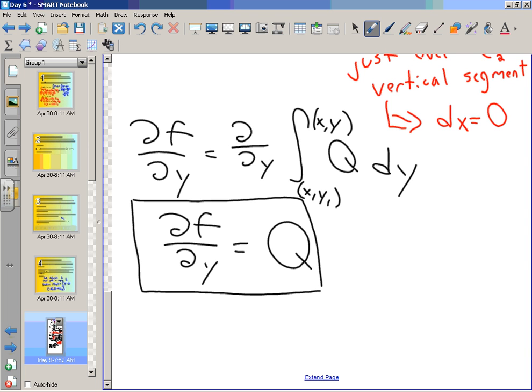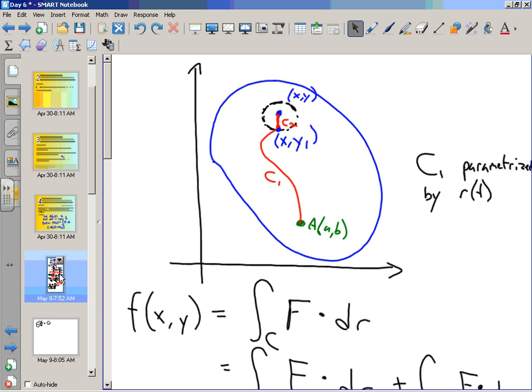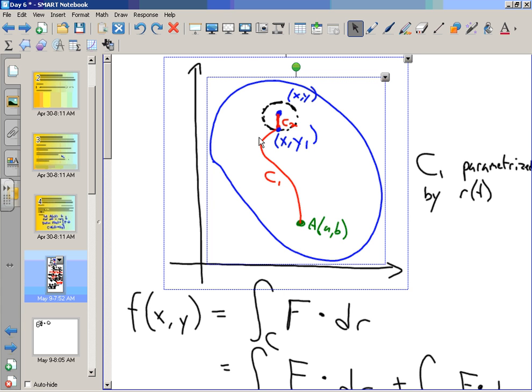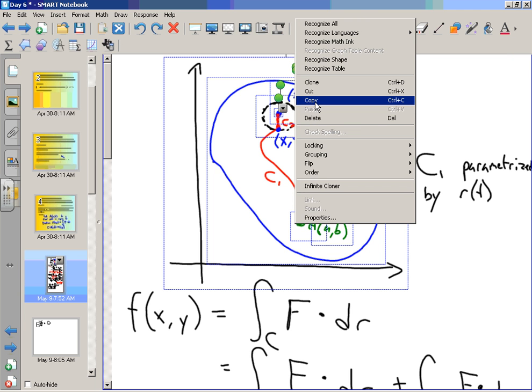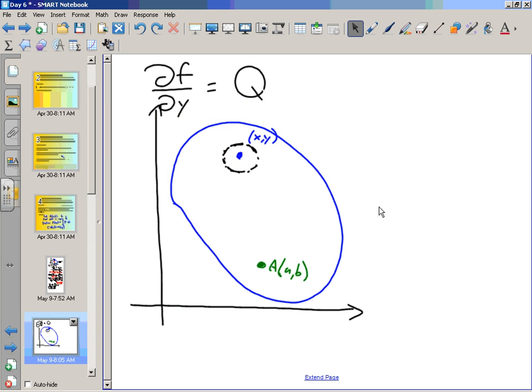Okay. Well, I'm going to rewrite that up here: df/dy equals q. And if we repeat the same process, I want a circle and a point, I don't want a curve. Right, that's exactly what I want.